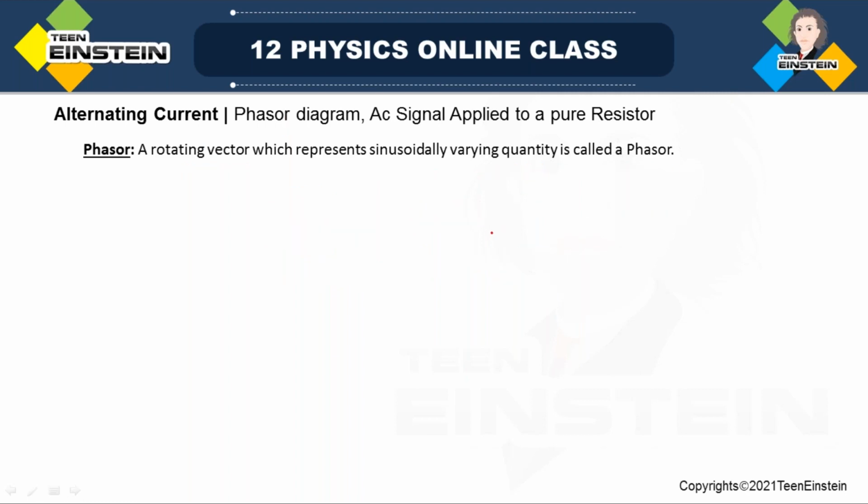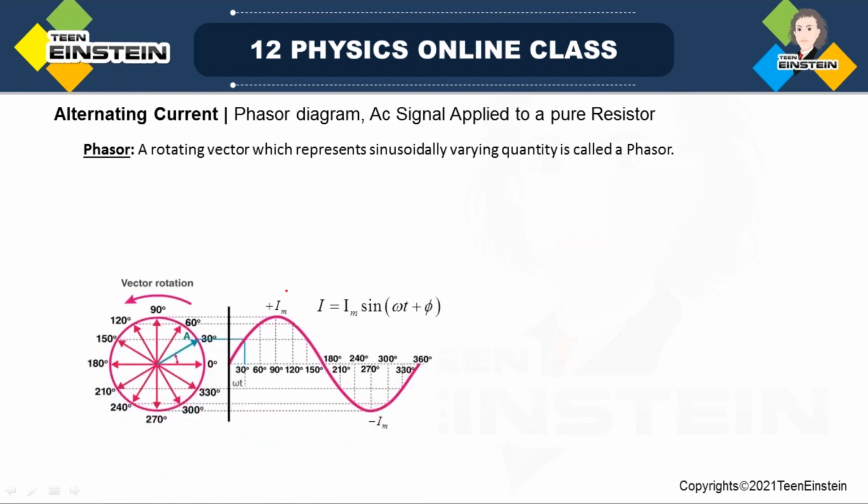We'll try to understand this diagrammatically. I have a schematic diagram over here, and I said phasor is a rotating vector. Look here, there is a rotating vector.